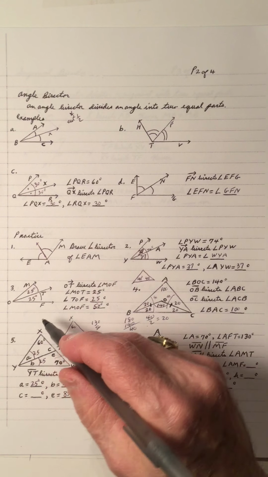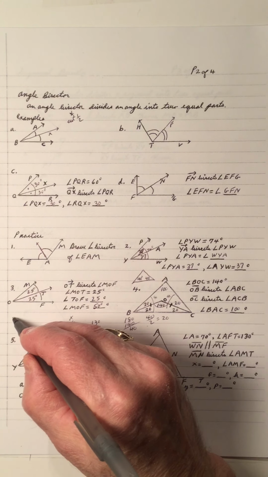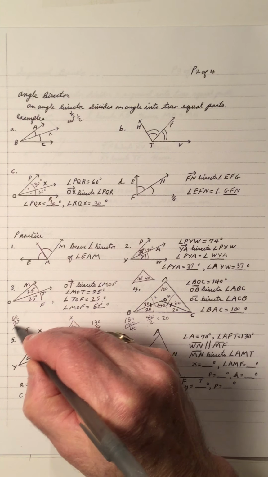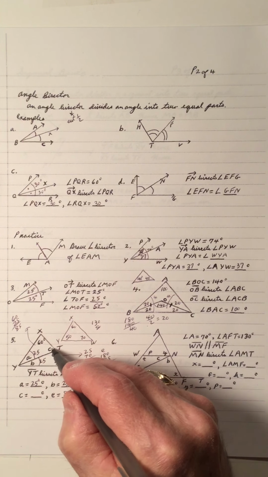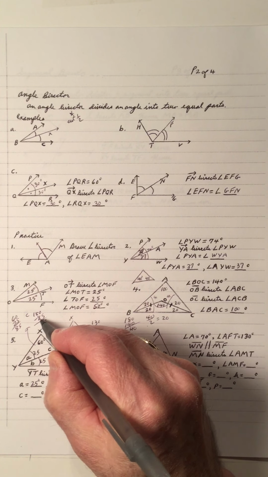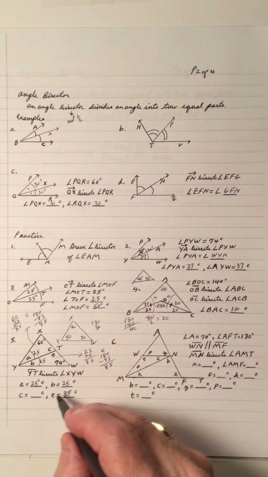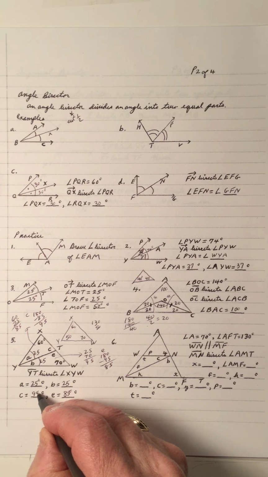For the same reasoning, here I have a 60 and a 25, and 60 and 25 gives me 85. So C is 180 minus the 85, which gives me 95. So angle C is 95.